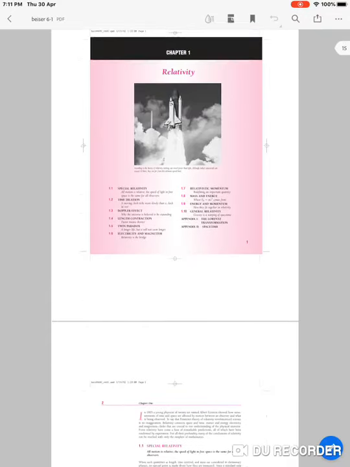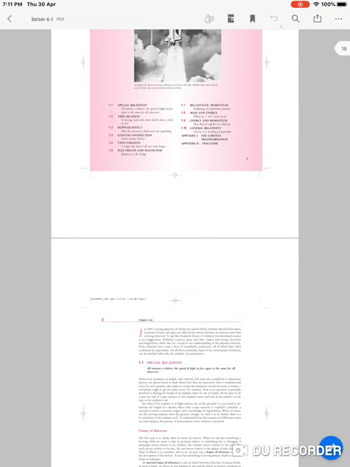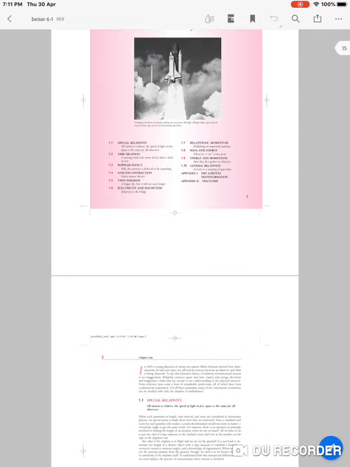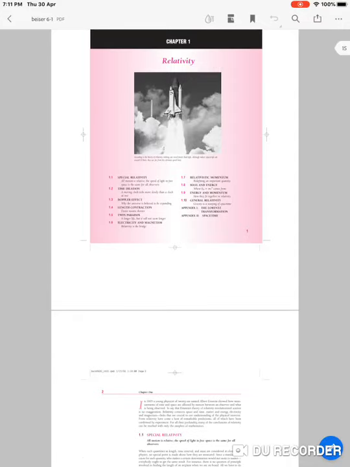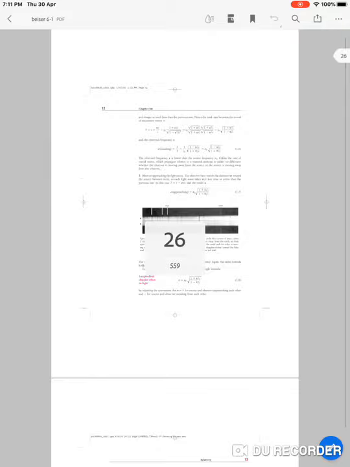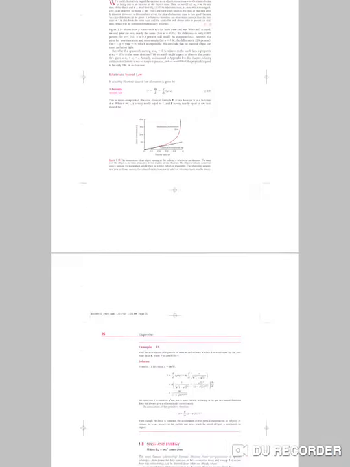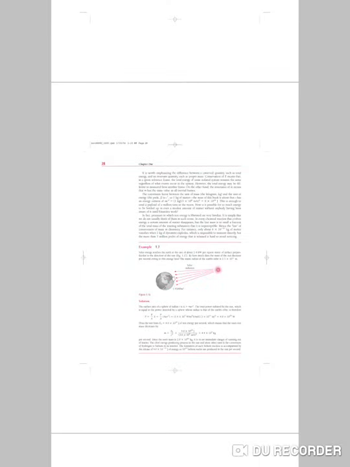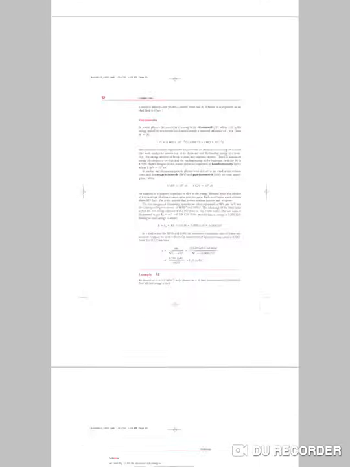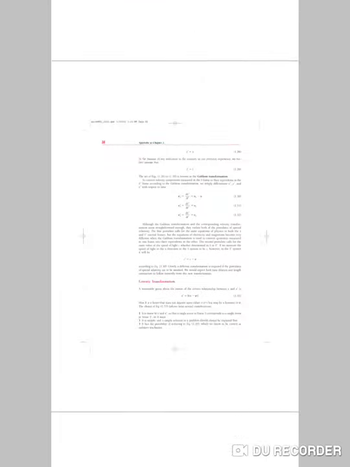Then this theory starts from the Born approximation, and that's why we take two theories: one is old quantum theory and the second one is our main quantum theory. So the course starts from the second chapter of this book.